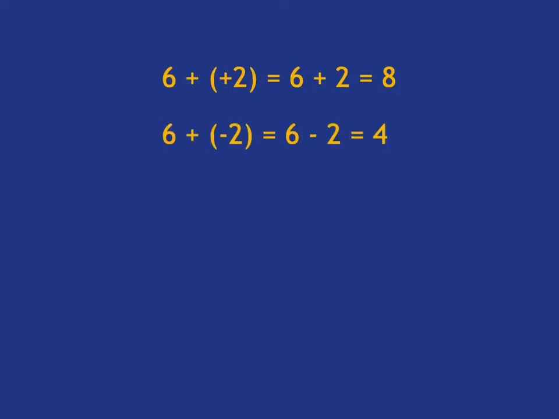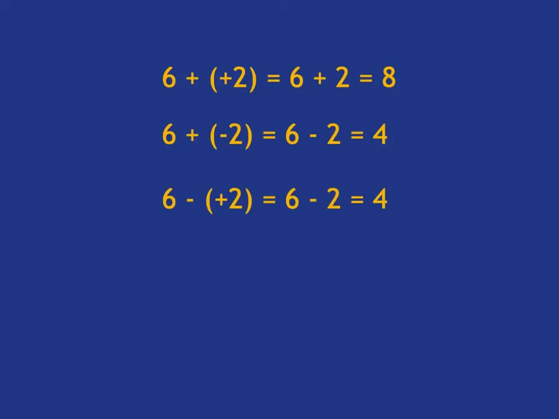So just quickly to summarize what we've done, if we are adding a positive, we are adding some heat, we're going to go up. It's just the same as adding. If we are adding a negative, we are adding in some cold, so we're going to go down. So it's just the same as subtracting.